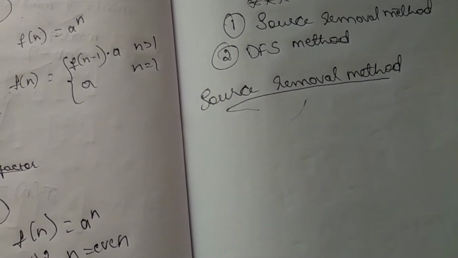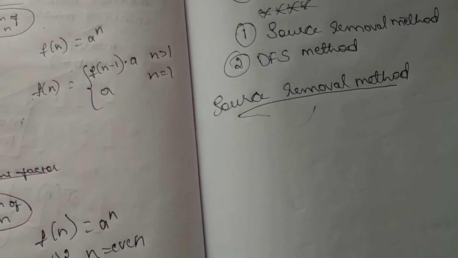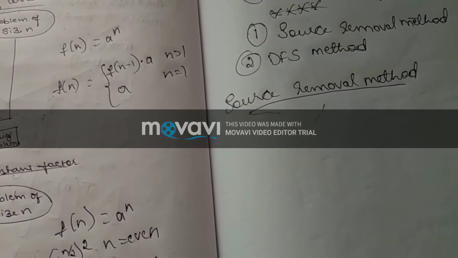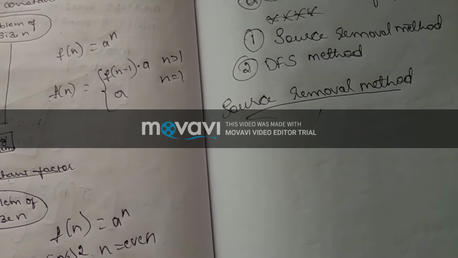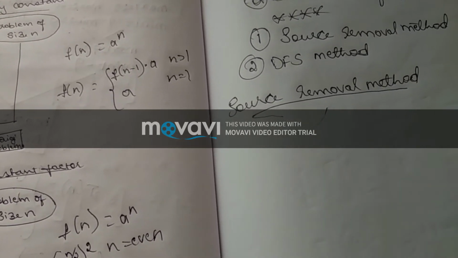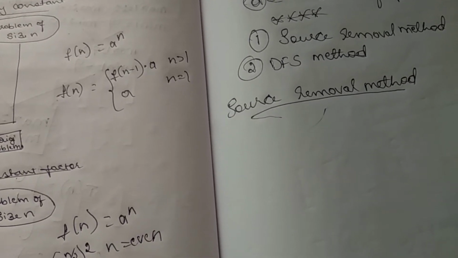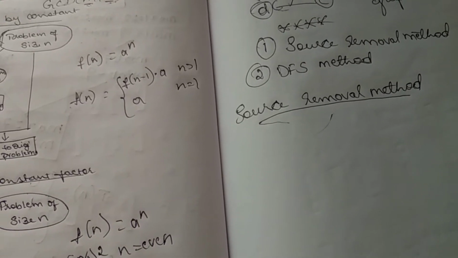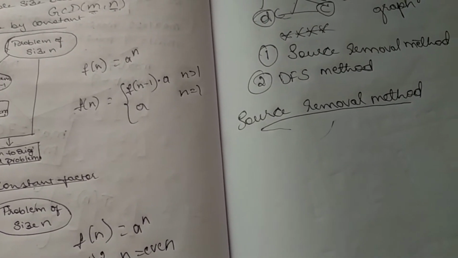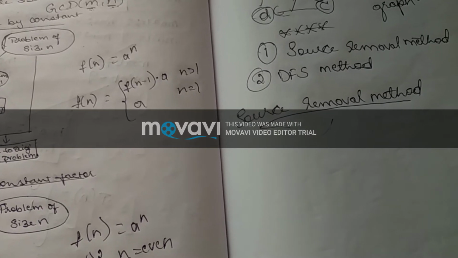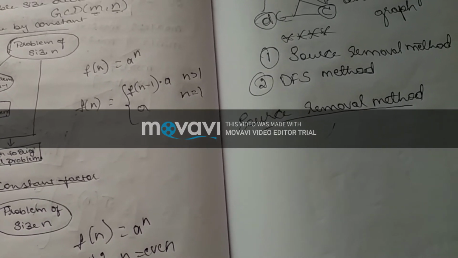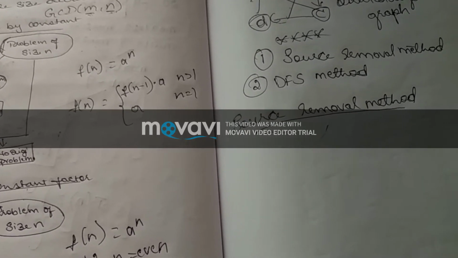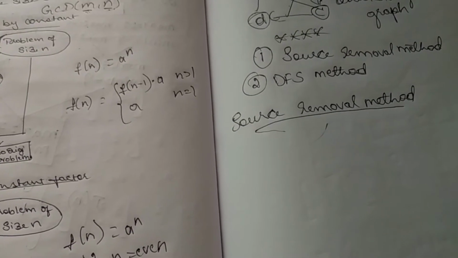In this method, a vertex which does not have any incoming edges is to be selected, and that has to be deleted along with its outgoing edges. If there are several vertices with no incoming edges, a vertex is selected arbitrarily. For example, if you have 1, 2, 3, 4, 5, 6, and among these 1, 5 and 6 do not have any incoming edges, first you select 1, then 5, then 6, in a linear order, and then you remove them.